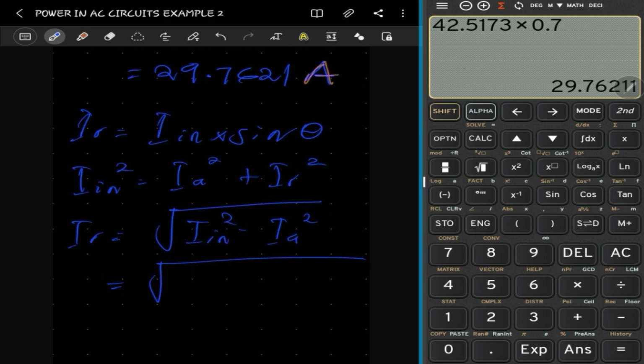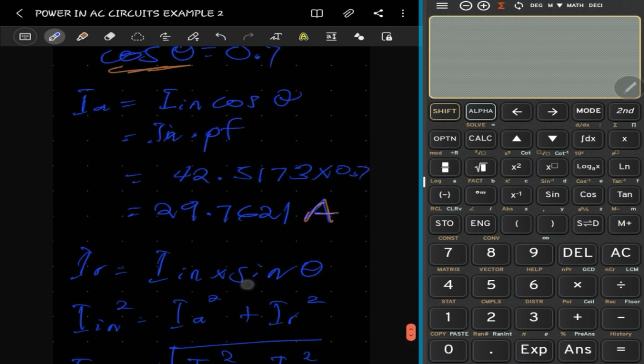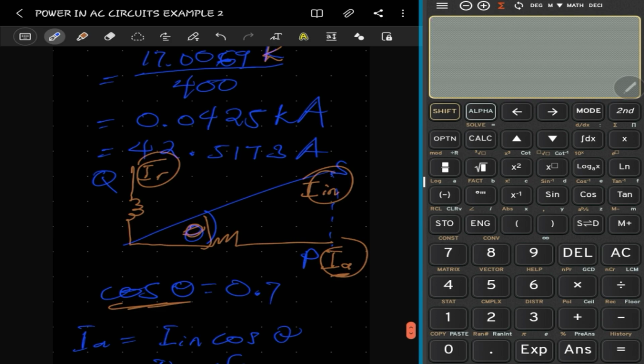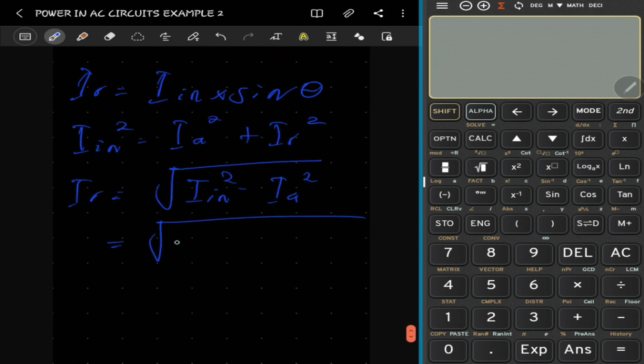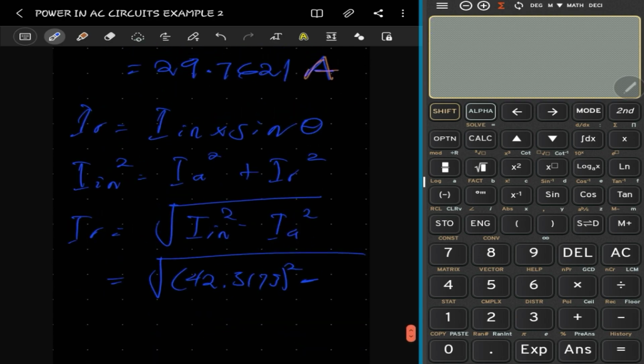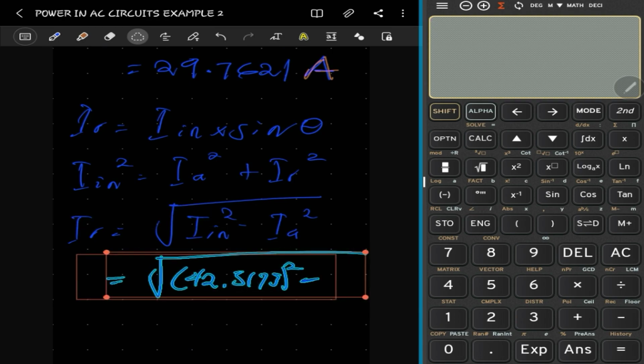Right, so that's what we do. Always know what you have and know the equation that you can use. Very important. It makes your work easier. So I in is 42.5173 squared, minus the active, 29.7621, squared as well.